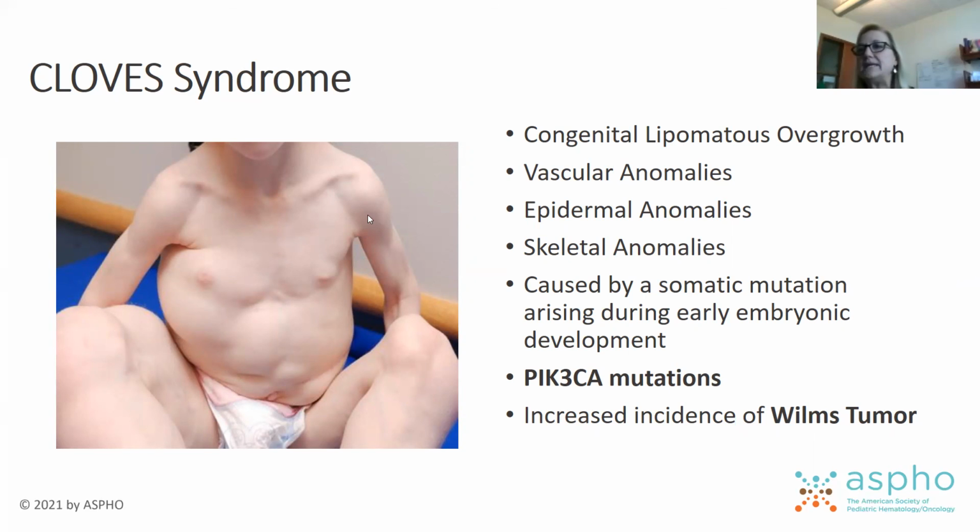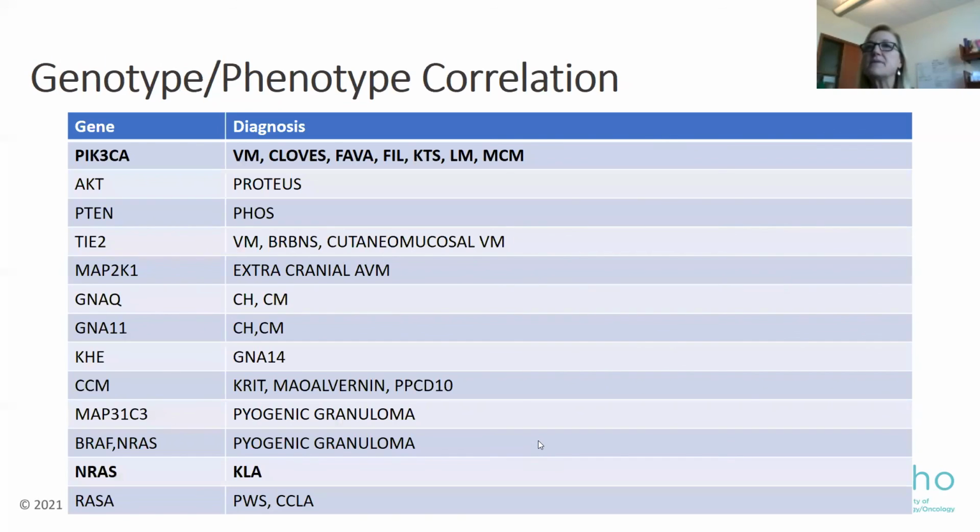And these are the patients that also can have ectatic veins that make them prone to thrombosis, but there also is an association with Wilms tumor. There is an increased risk of 3% above the risk in normal patients for Wilms tumor. So these patients will need to be screened for Wilms tumor. And that could definitely be on the boards. So this is for you to know.